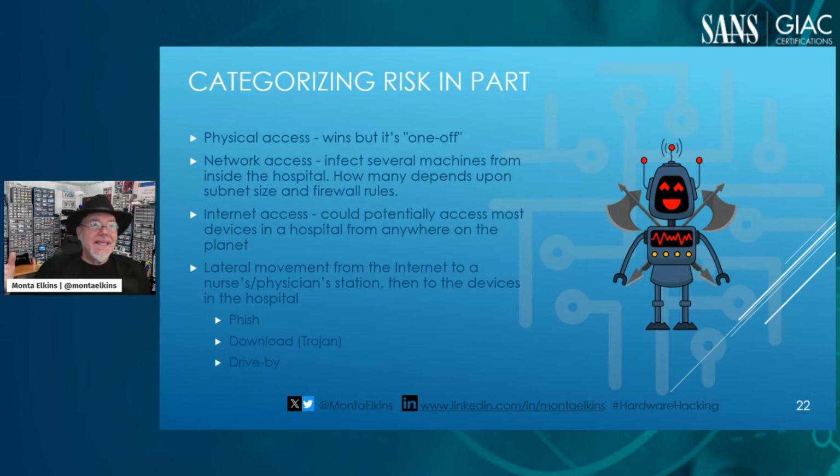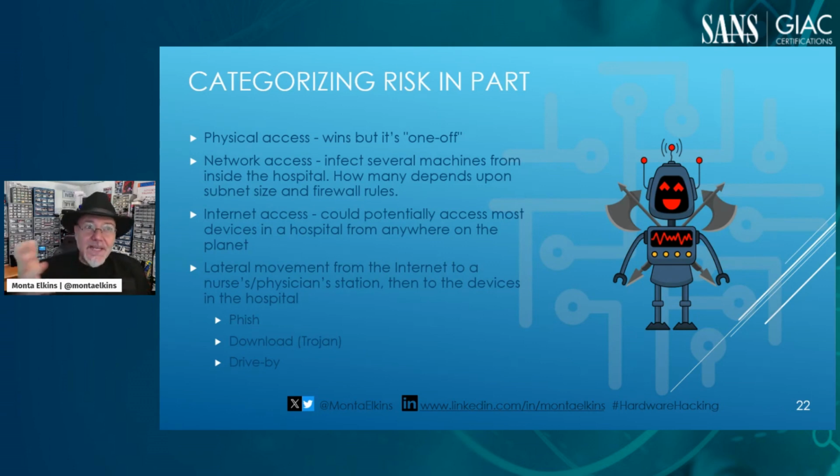For some of these devices, you might need physical access to compromise them. And physical access pretty much always wins, right? If I can take that pump into the bathroom with me for an hour or so, I will own it. But that's a kind of one-off. You'd have to get to each pump to compromise it. It represents some risk, but not a lot compared to some of the other risks.